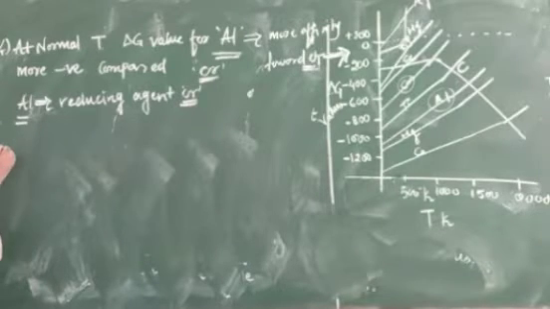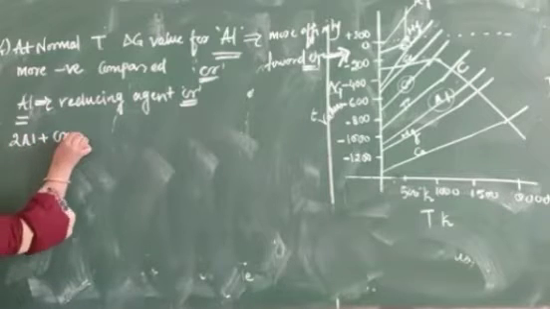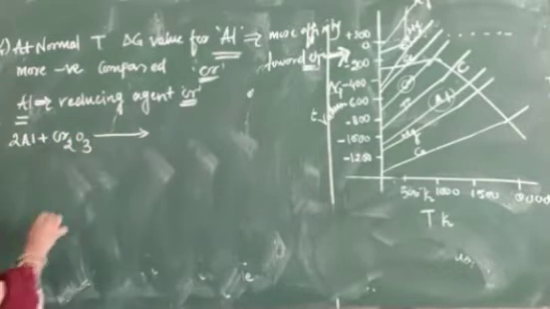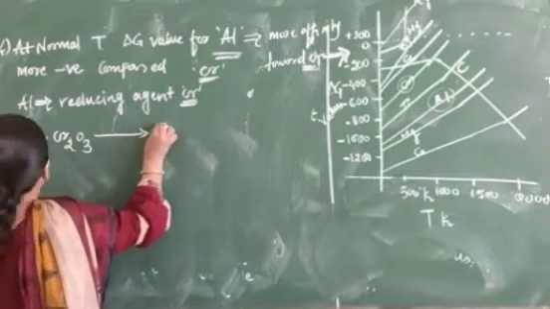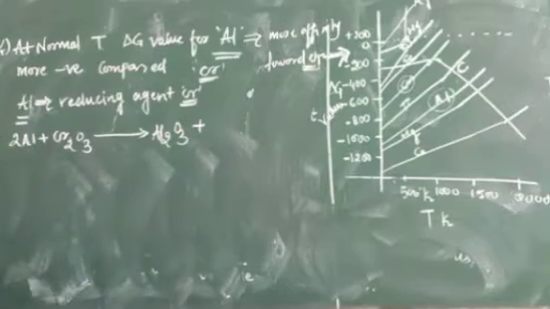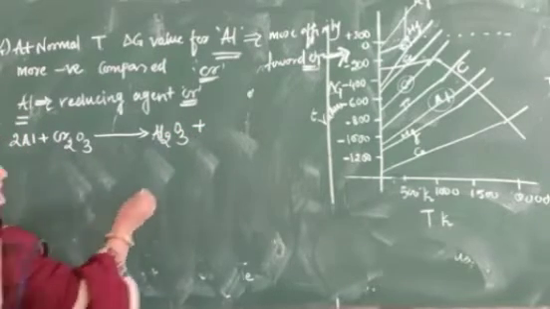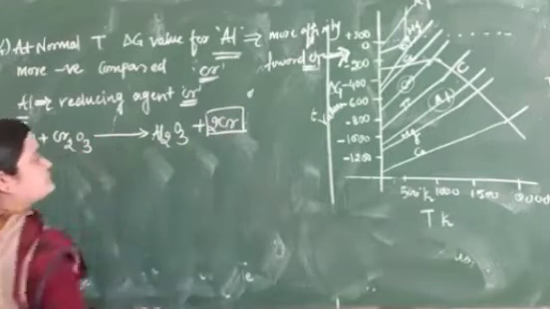So the reaction is 2Al plus Cr2O3. What we will get here? Al2O3 plus our metal, 2Cr. This is our metal.